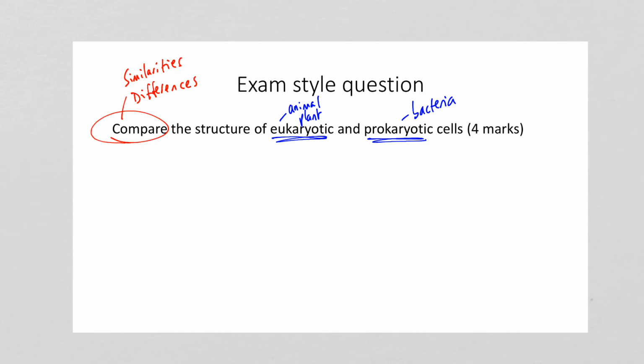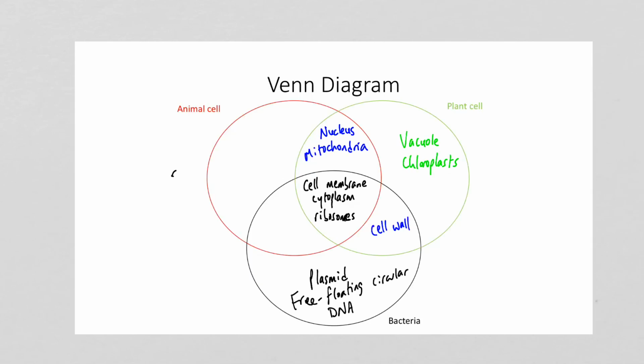Begin our answer with the similarities. So prokaryotic cells and eukaryotic cells all have, we can look back at our Venn diagram for things that they have in common.